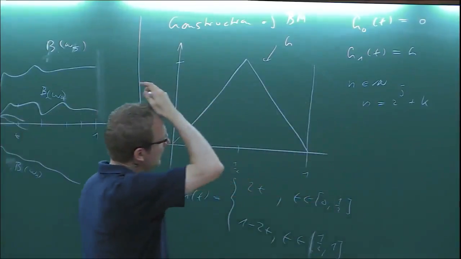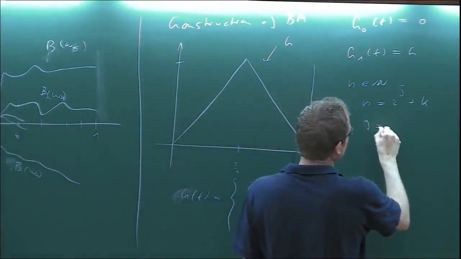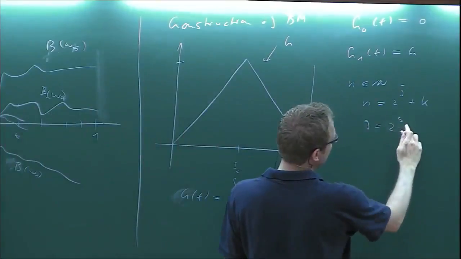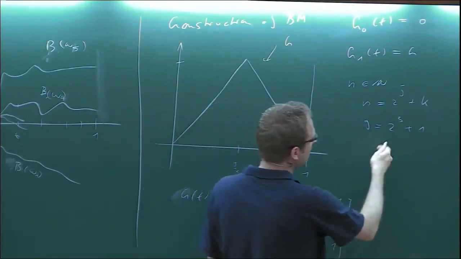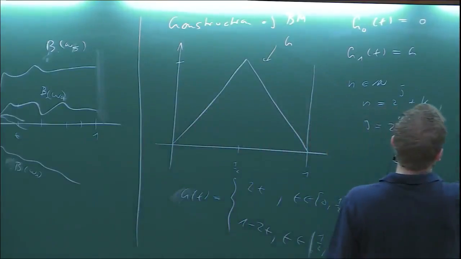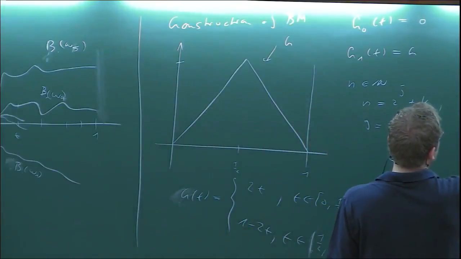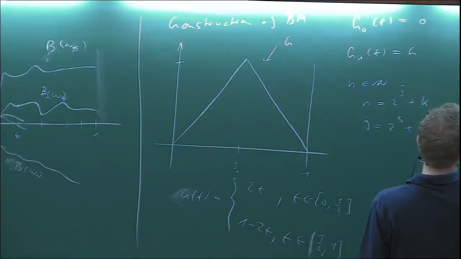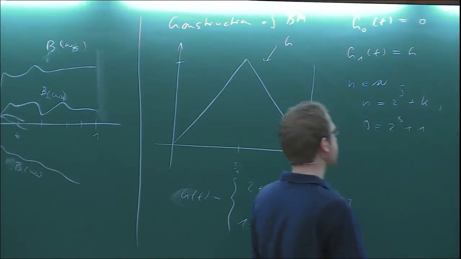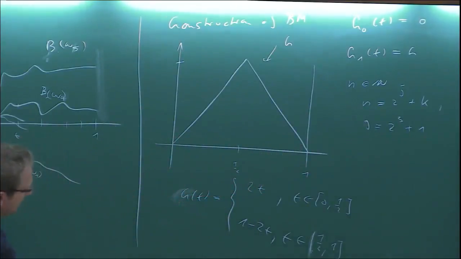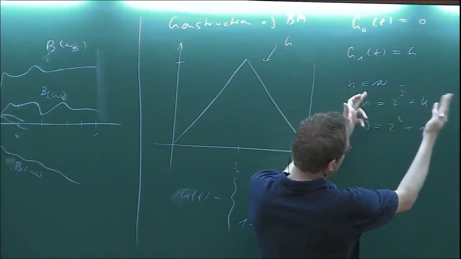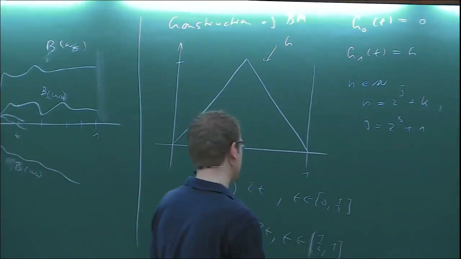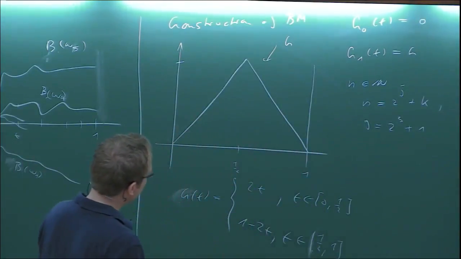For example, 9 is 2 to the 3 plus 1, and of course 8 is 2 to the 3 plus 0, for k in 0 until 2 to the j minus 1. So we take powers of 2 which fit maximally, and then we have just some kind of remainder.